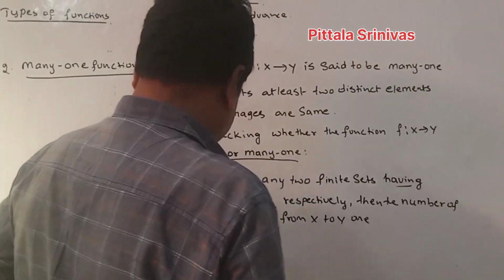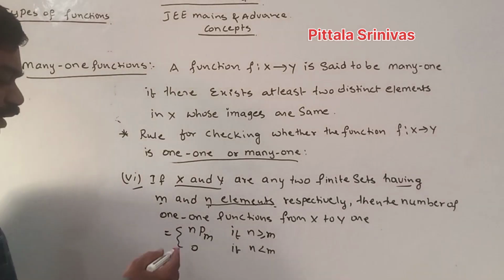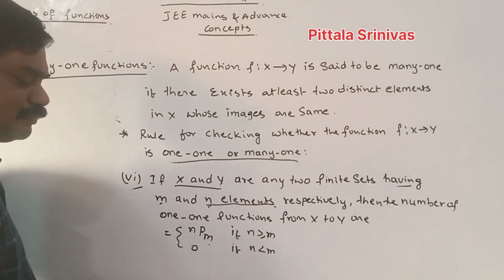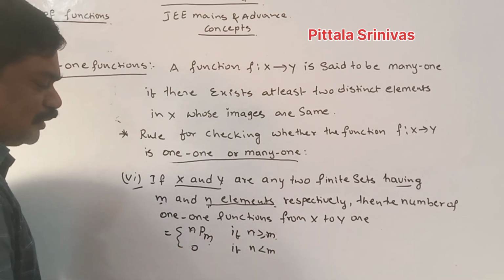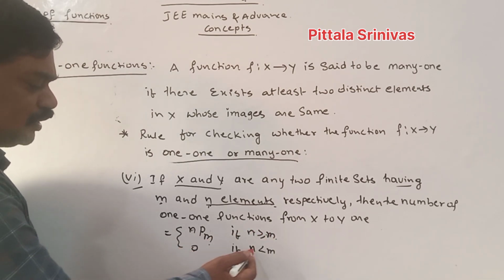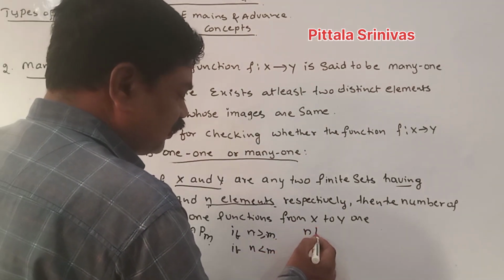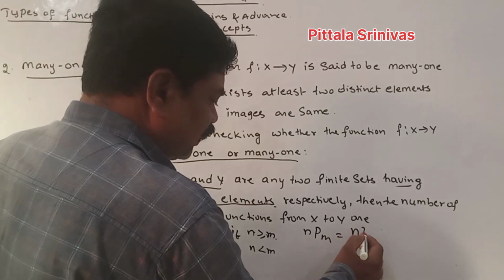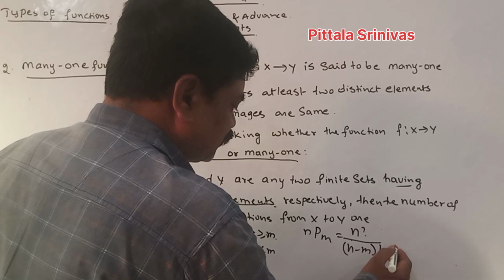Then the number of 1 1 functions from x to y is nPm if n is greater than or equal to m, 0 if n is less than m. What is nPm? nPm is equal to n factorial by n minus m factorial.